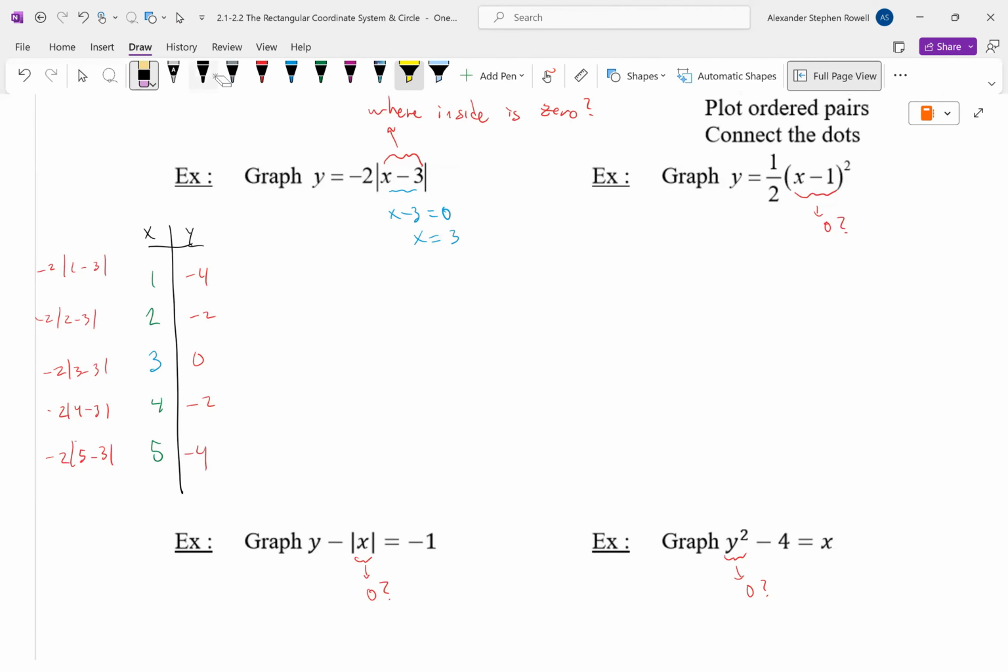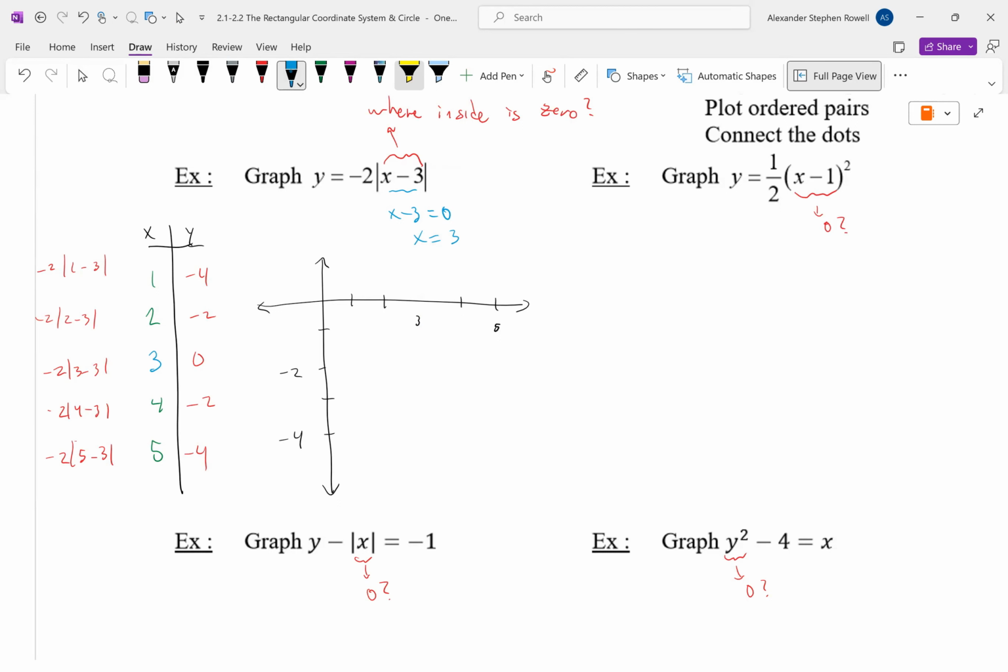Presumably, I should draw my axes more like this to give me space where I need it. Now I'm going to plot these points. On the x-axis, I need 1 through 5. 1, 2, 3, 4, 5. On the y-axis, I need 0 through -4. -1, -2, -3, -4.